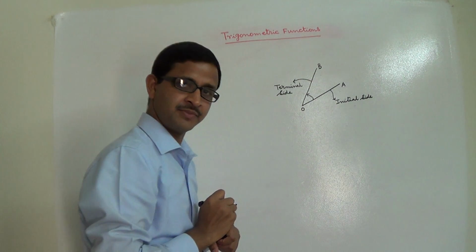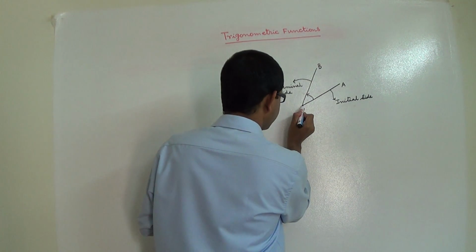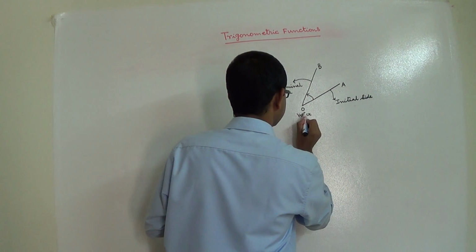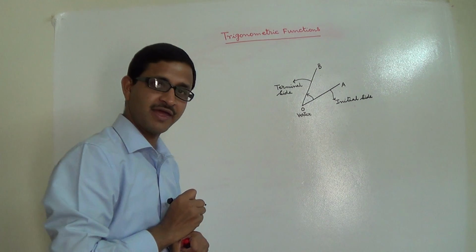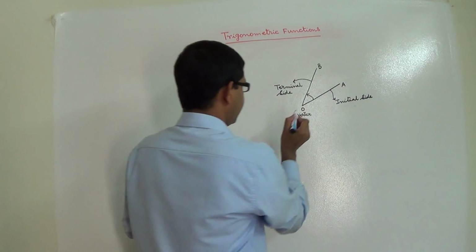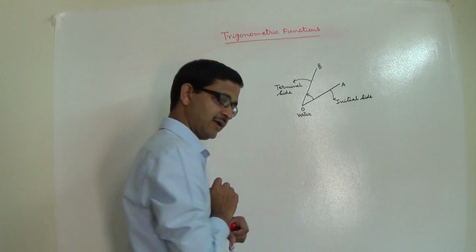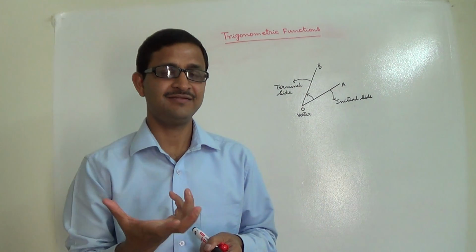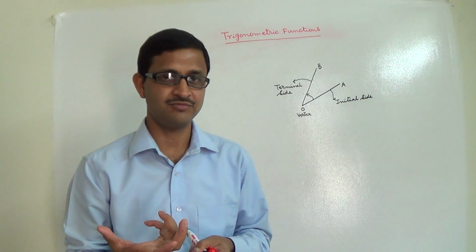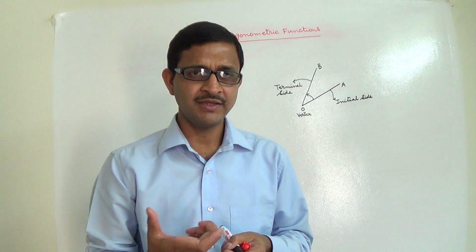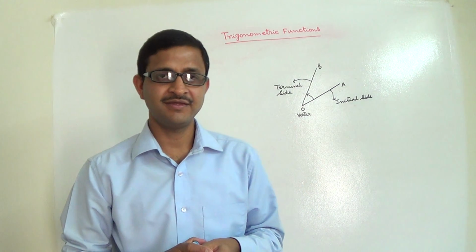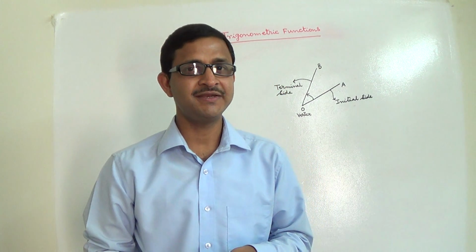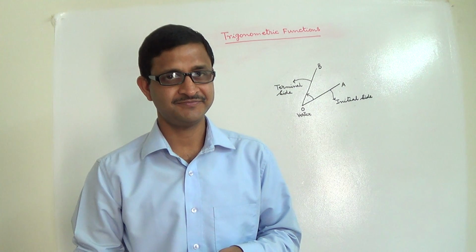Clear? And this point is called the initial point, also known as the vertex of the angle. And this is the angle. So we understand what an angle is and how an angle is formed. In other words, we can say an angle has been formed when two lines intersect.